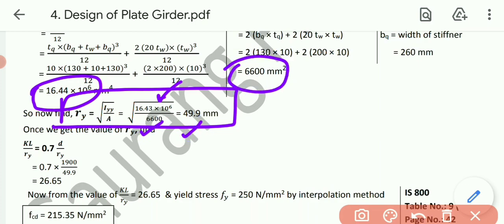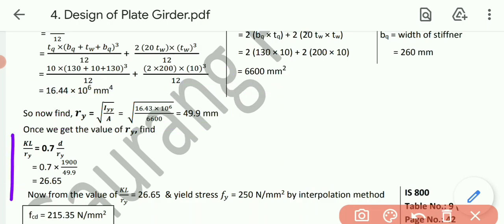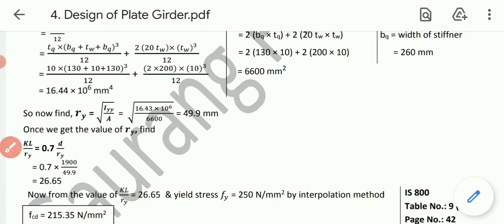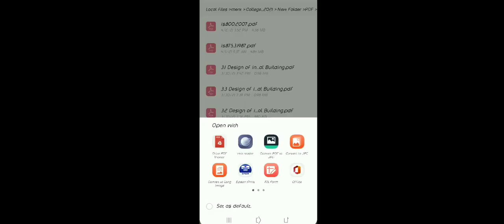By simplifying the term, I get the answer 49.9 mm. Once we get the Ry, let's calculate KL by Ry, 0.7 D by Ry. 0.7 D is 1900 and Ry is 49.9. So by simplifying the term, I get the answer 26.65. So 26.65 is our slenderness ratio.